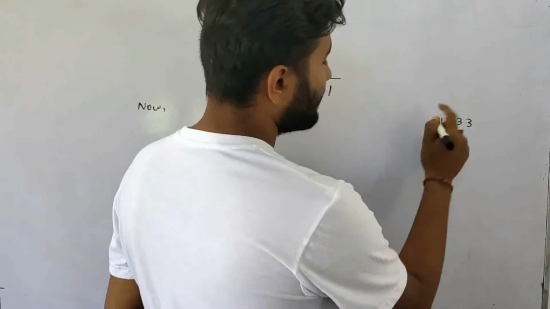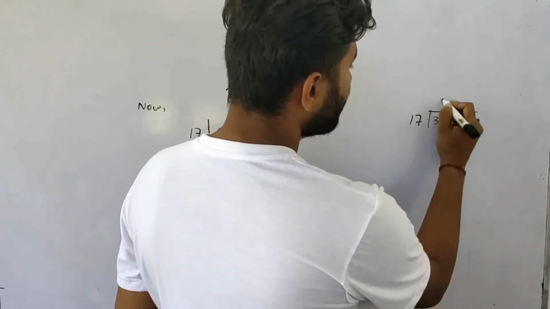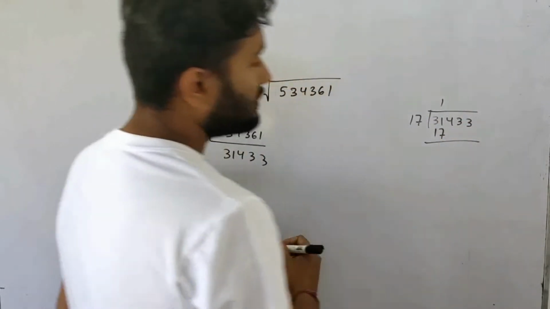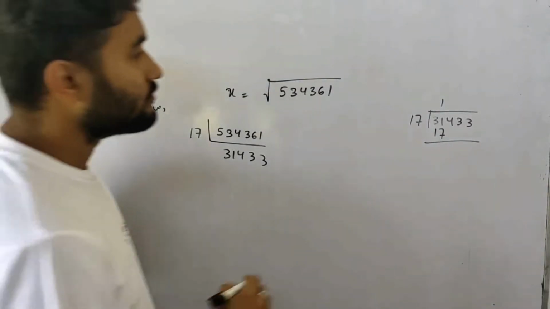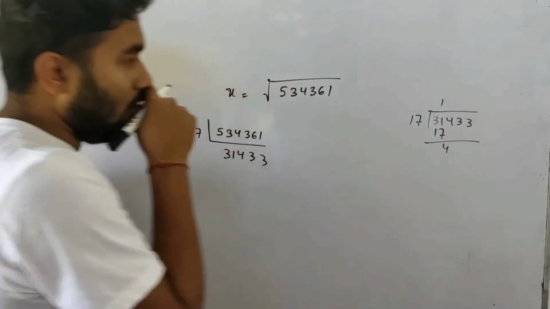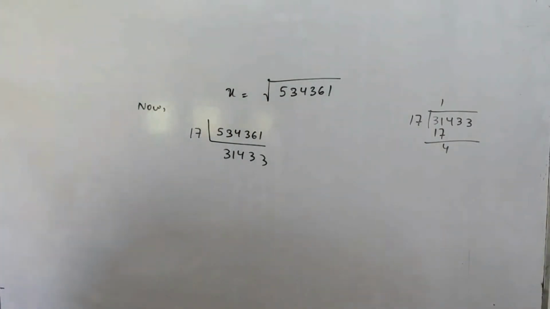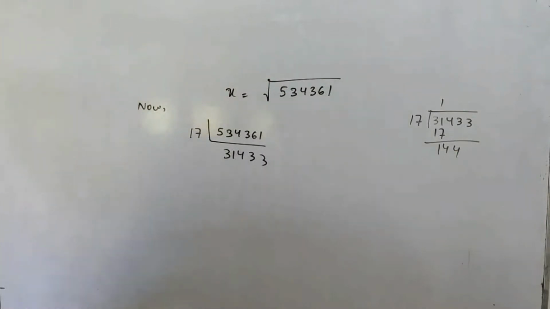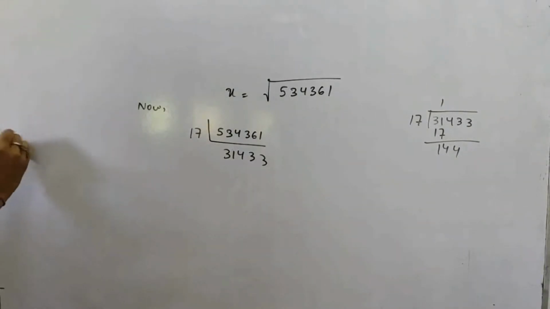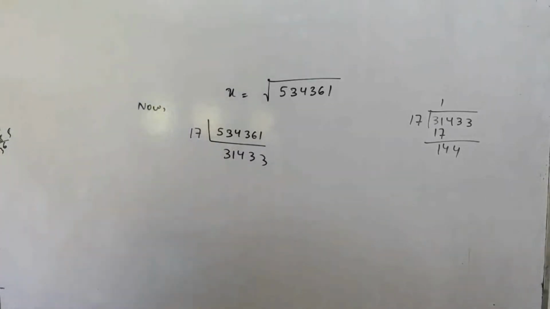Okay, let us try by 17 and see whether it is divisible or not. 17 6 is 102. 17 7 is 119. 17 8 is 136. 17 9 will be more.